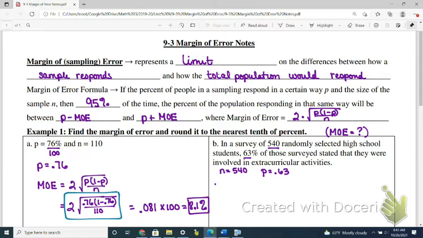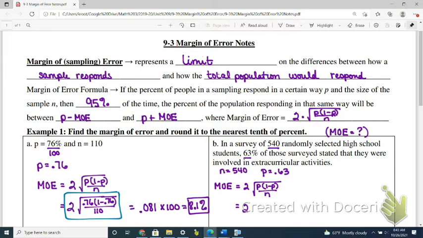So we're going to write our formula. MOE equals 2 times the square root of P times 1 minus P all over N. And yes, you have to write the formula each time.